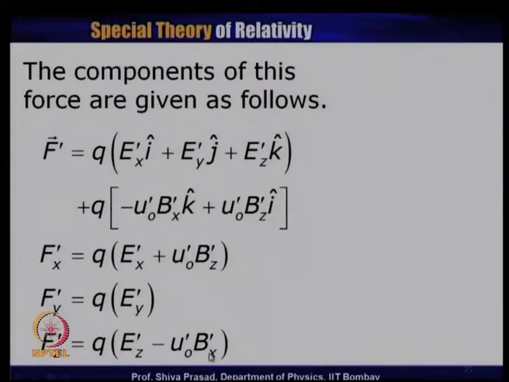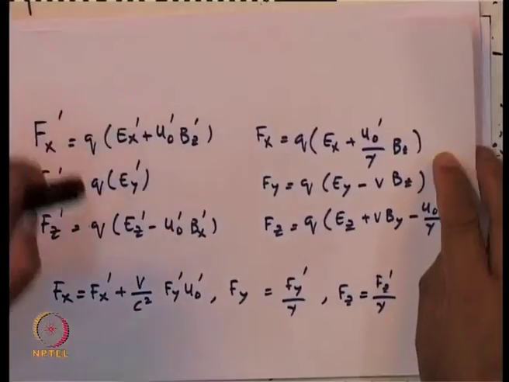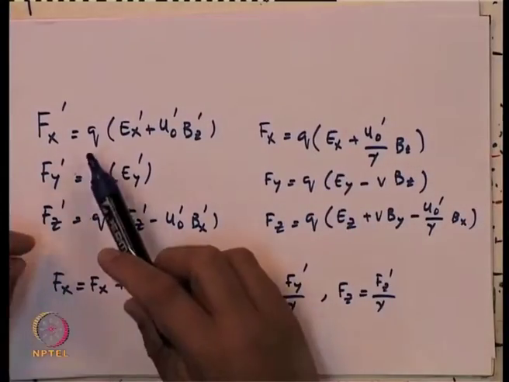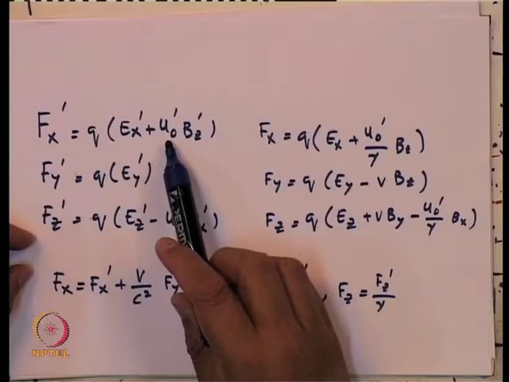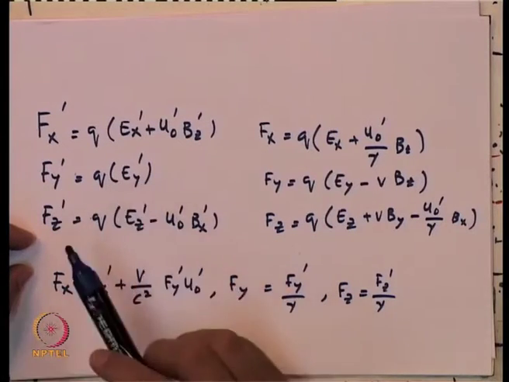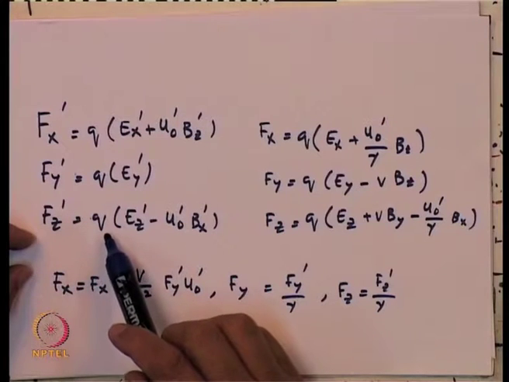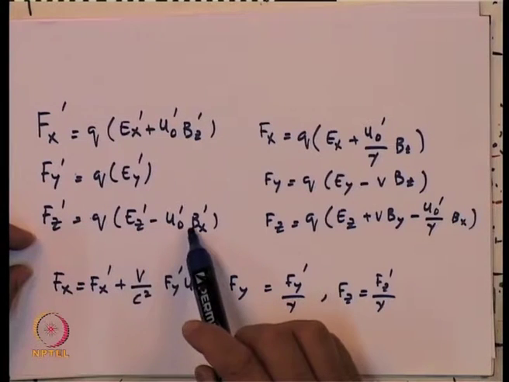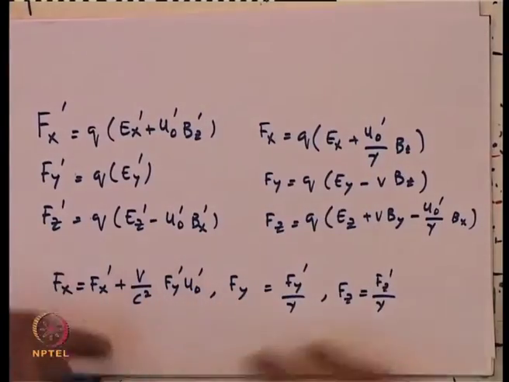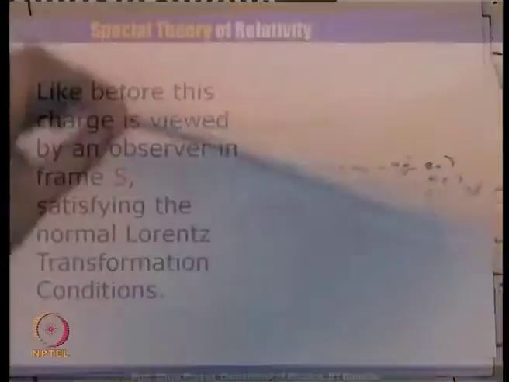I have copied these equations onto this paper because I am going to use them: Fx prime is equal to Q Ex prime plus u naught prime Bz prime, Fy prime is equal to Q Ey prime, Fz prime is equal to Q Ez prime minus u naught prime Bx prime. These equations we will be seeing later.